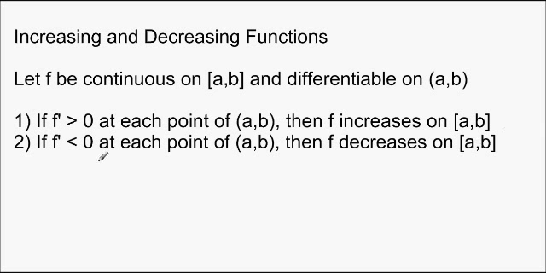And if f prime is less than 0, then your function is decreasing. So when your derivative is negative, you have a falling original function. So your slope is negative. This is positive, it means you have a rising or increasing graph. You have positive slope.